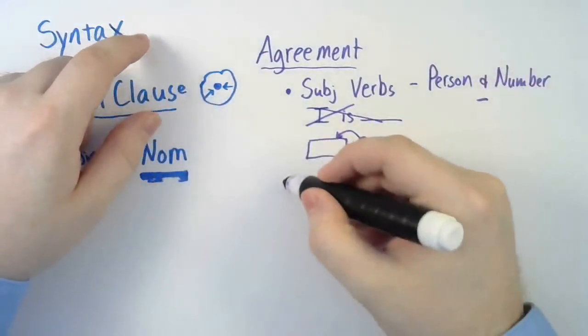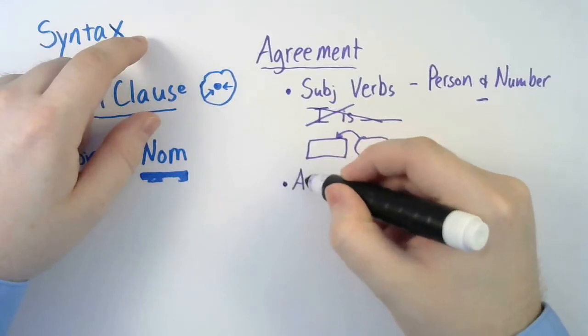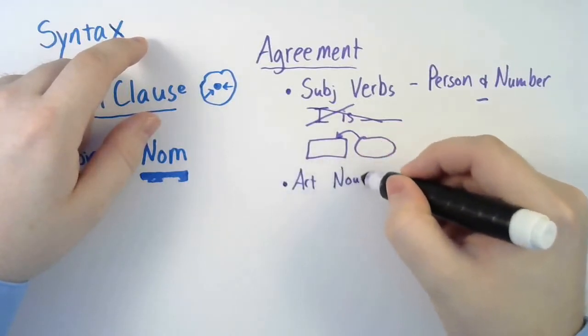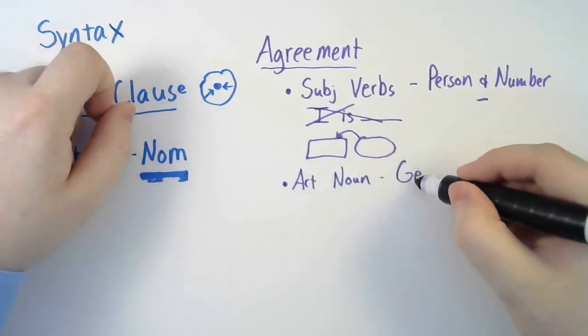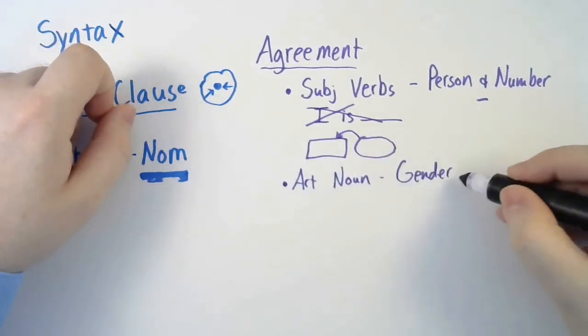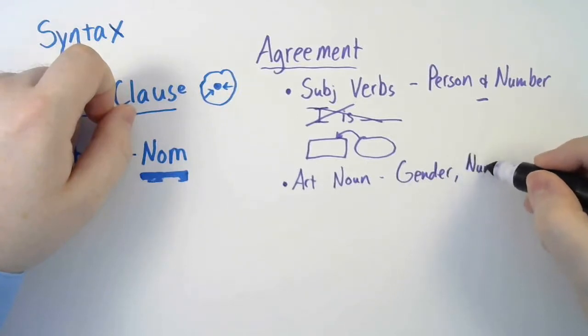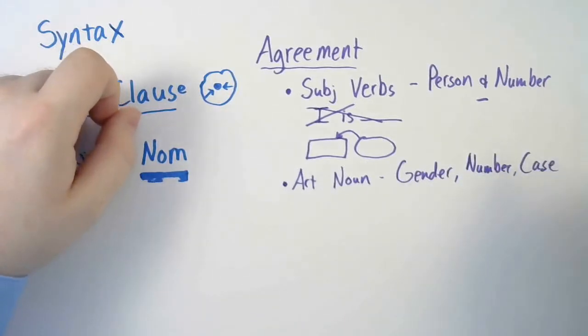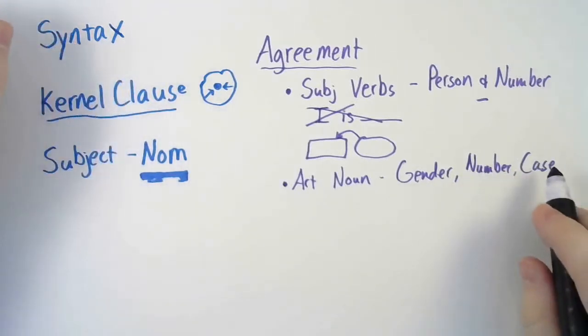Something a little more foreign is that the article and its noun must agree in gender, number, and case. Gender, number, and case.